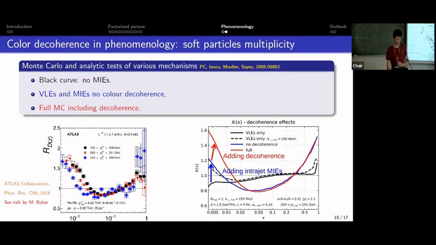Of course, we have many effects that contribute in this soft domain, and this is one of them. You also have in this calculation the effect of soft intrajet medium-induced emissions. And the response of the medium to the jet, we know that very well, can also trigger additional soft gluon radiation. But this is something which also appears in this picture.